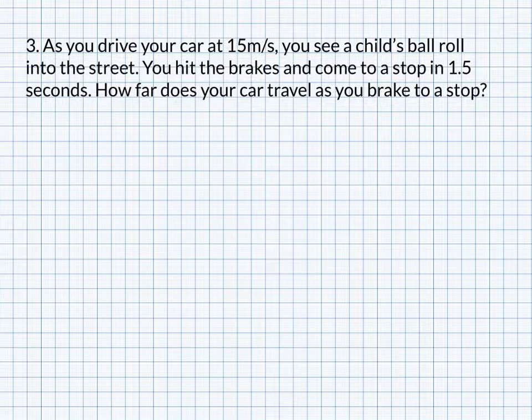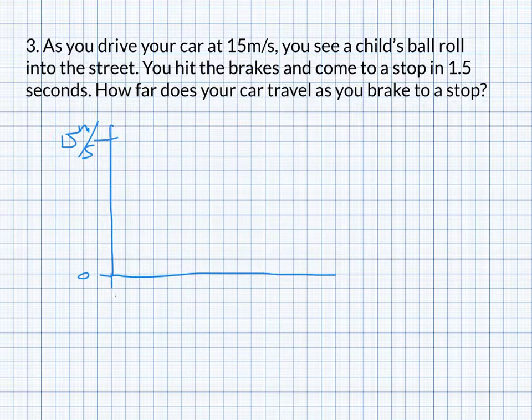So let's try it. Let's try to graph this. And we'll do it with a velocity graph. So let me just set up some axes here. And we'll say, as you drive your car at 15 meters per second. So I'm going to mark up here, 15 meters per second.